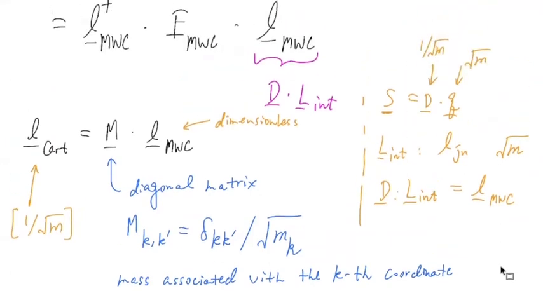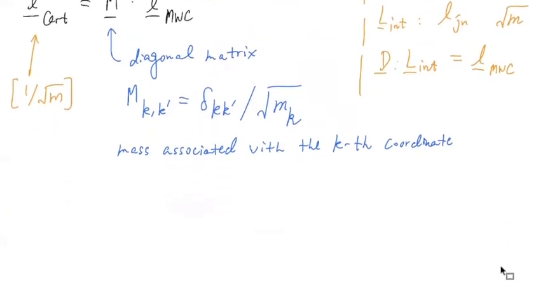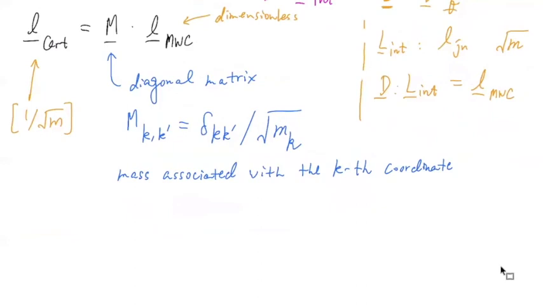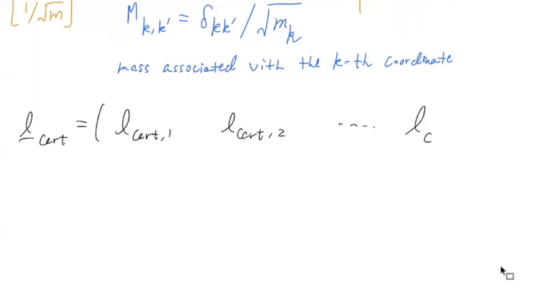Okay, all right. And of course, if you consider the nth column vector inside this L Cartesian matrix, well, again, the L Cartesian matrix is a collection of the column vectors, right?